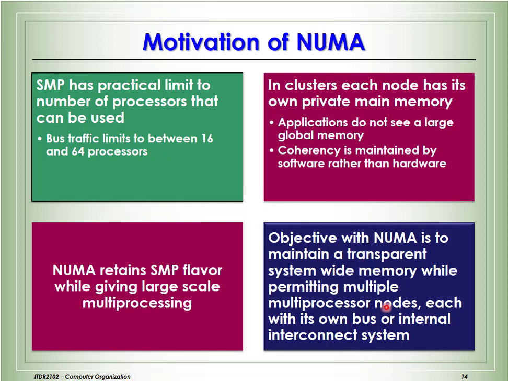So in NUMA actually we have a transparent system to the global memory, and multiple processors, each has its own memory, bus or internal connection system. But if you see here in SMP, we have one bus link used for all processors.